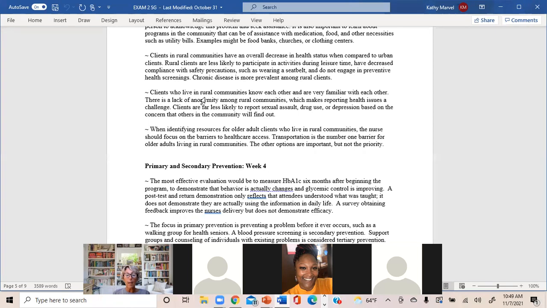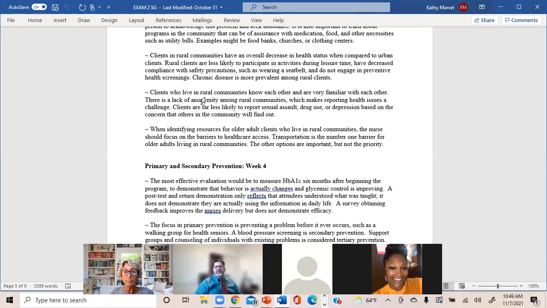Access to healthcare. Access, one reason. Yep. What else? Willingness to participate. Absolutely. I was also thinking transportation as well. Transportation is a big barrier in rural health.